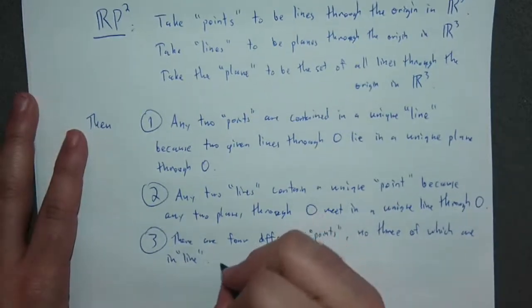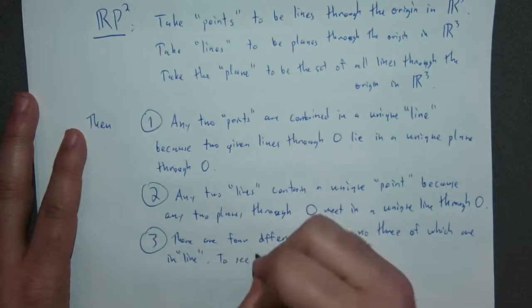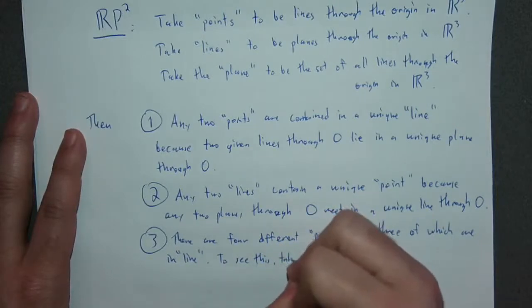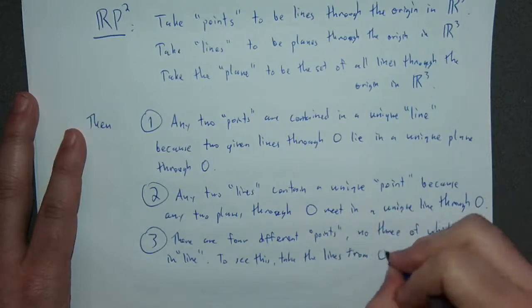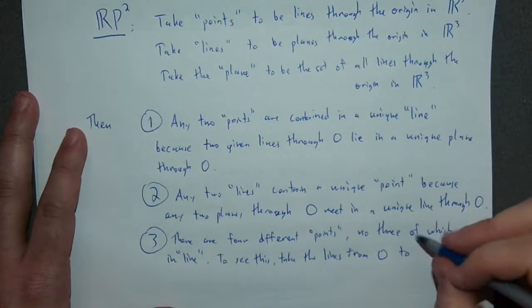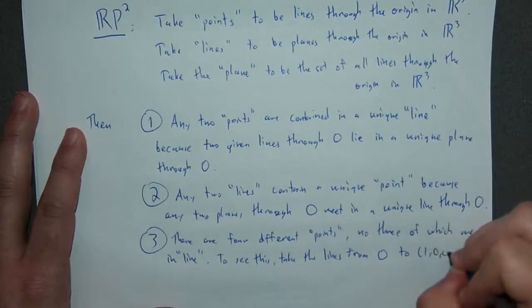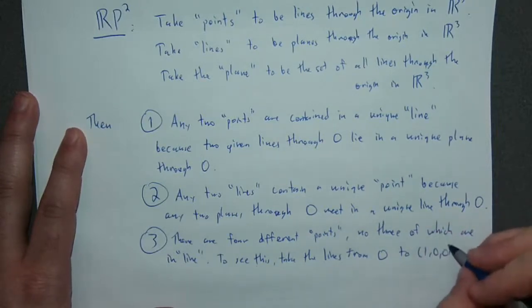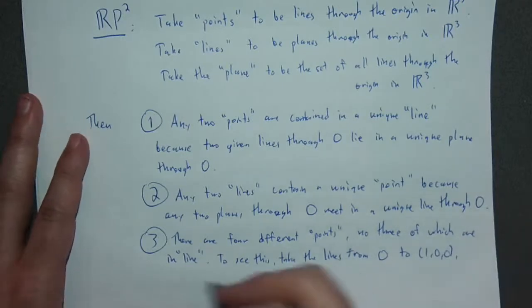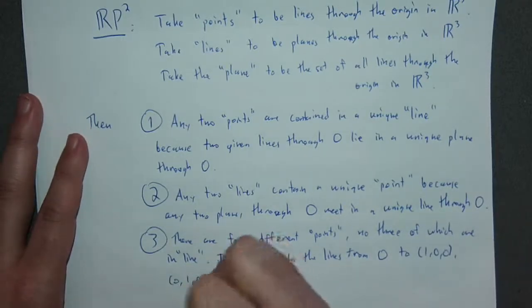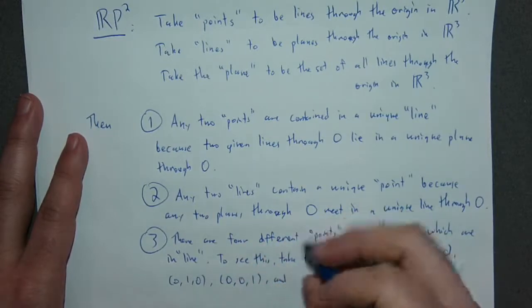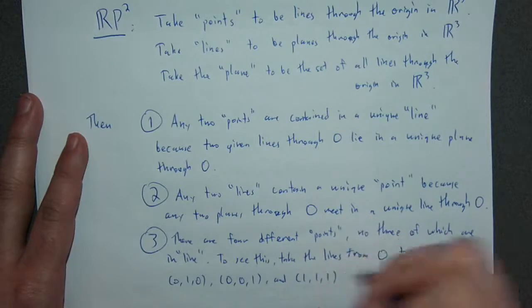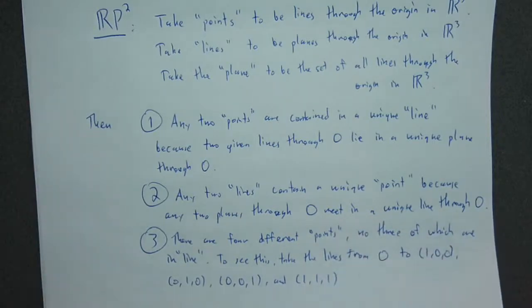So to see this, take the lines from O to 100, 010, 001, and 111. So I have 4 lines that correspond to 4 points.